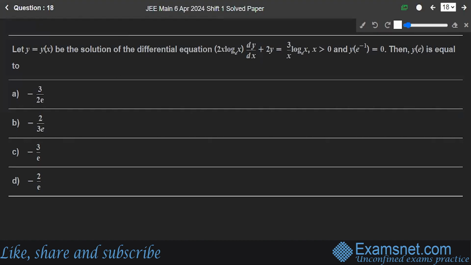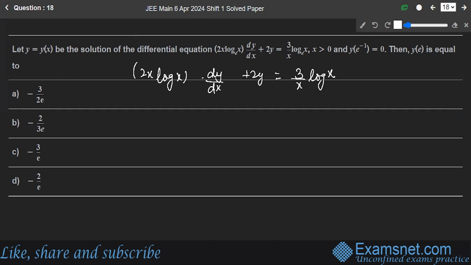Question number 18. Let y is equal to y of x be the solution for this differential equation, where x is greater than 0 and y of e power minus 1 is equal to 0. Then what is y of e equal to? So you had the equation as 2x log of x dy by dx plus 2y is equal to 3 upon x log of x.